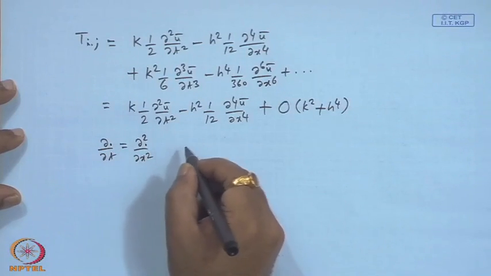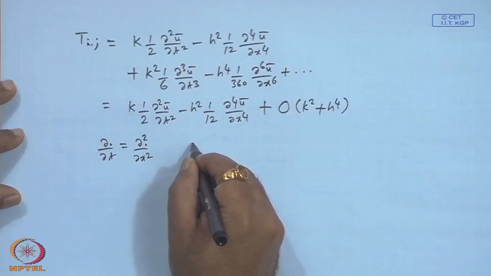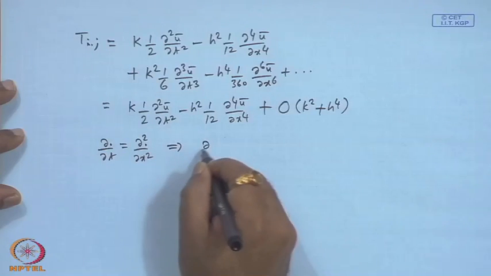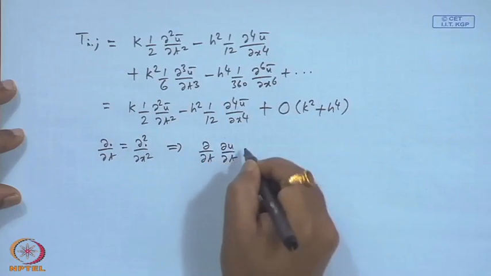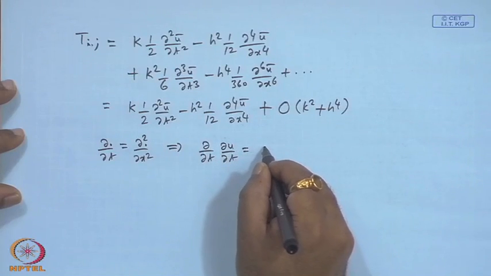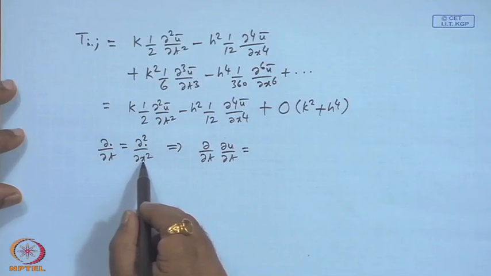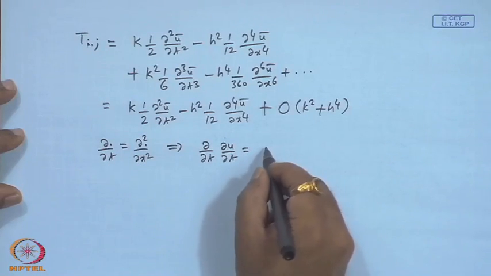Now consider dou by dou t of it, which is the square of it. The right-hand side you already have.